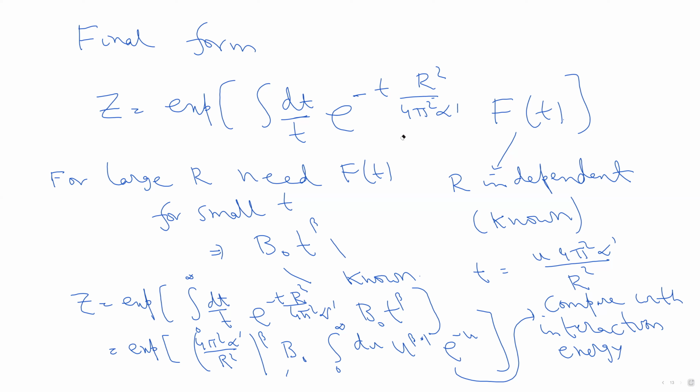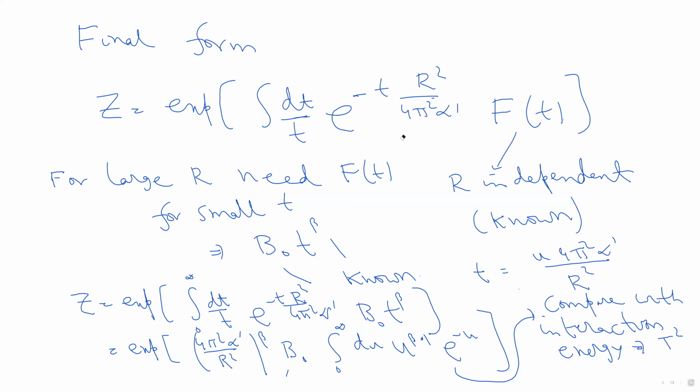First of all, the consistency check is that the r power should match. And this determines T square. So this gives the open string contribution to T square.